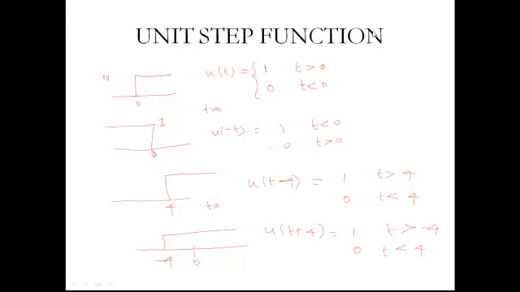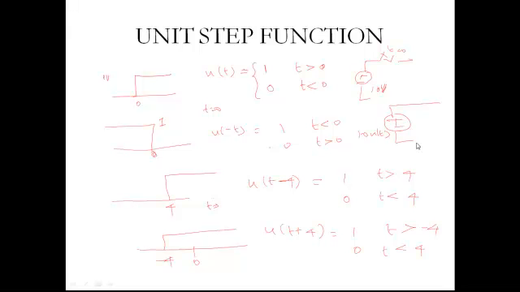Why do I want to tell this? Whenever you are talking about a switch opening or closing, say, closing at time t equal to 0, for example you have a 10 volt voltage source applied to the rest of the network. You can also replace this entire combination with 10 times u of t. What does this mean?